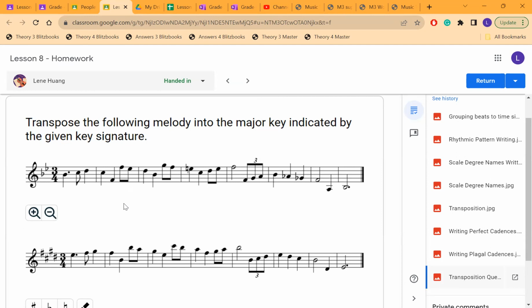You should know that E major. Let's do this with scale roots.